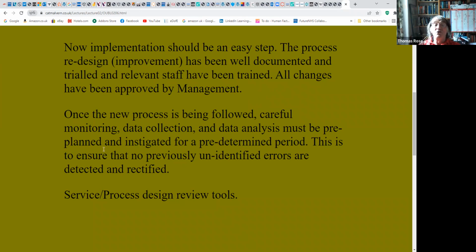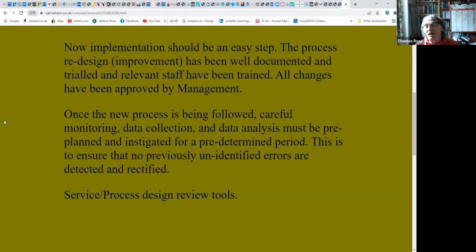And this is to ensure that no previously unidentified errors are detected and rectified. Now, this is different from improvement via the little q definition of quality. This is improvement via the big Q definition of quality.